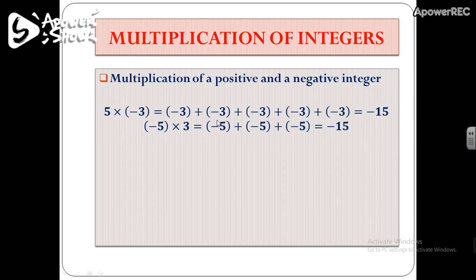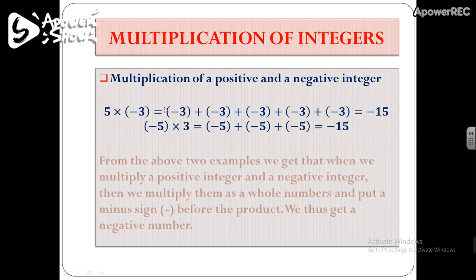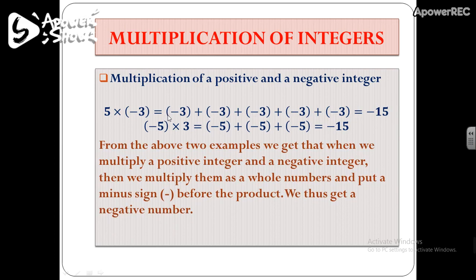Now let's try to skip this step. This step means the addition of minus 3 five times, and here the addition of minus 5 three times. Just try to find a relation between this product and this result.